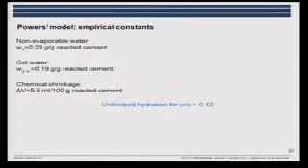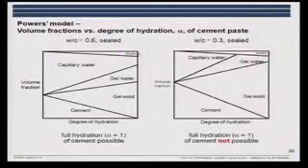Powers' model was based on empirical constants, and we have this unhindered hydration up to water-cement ratios larger than 0.42. If we look at these two examples, we can see that if we have a water-cement ratio of 0.6 and a sealed system, we end up at full hydration with some capillary water left and some empty capillary pores.